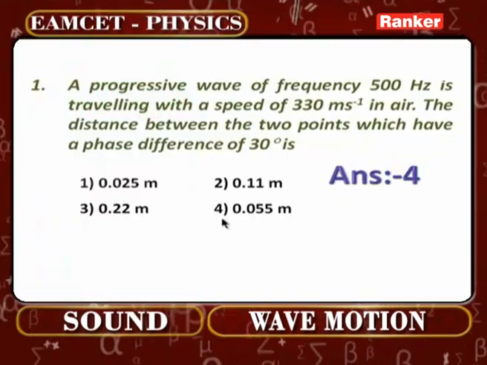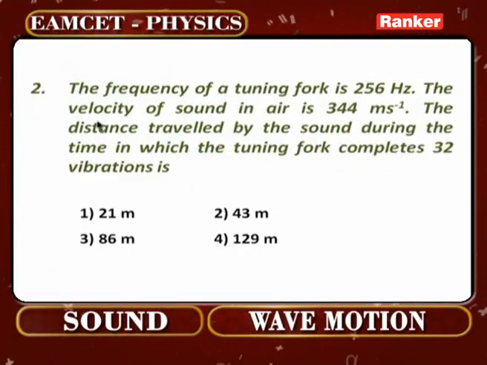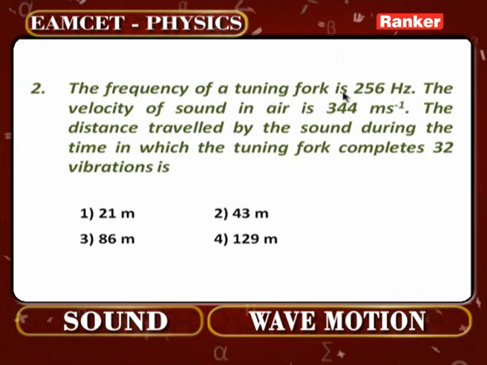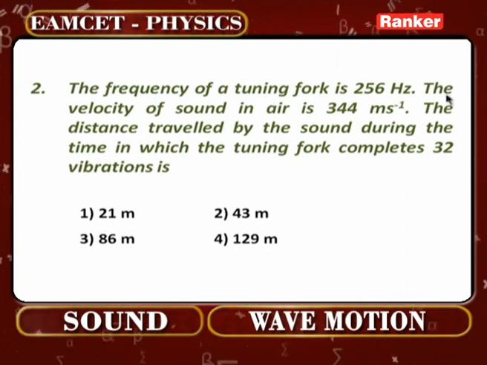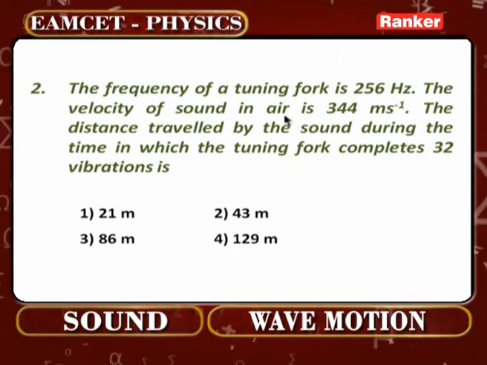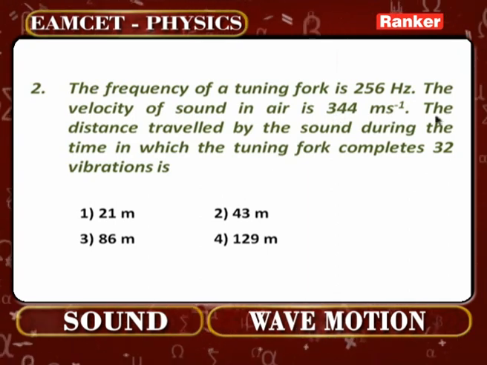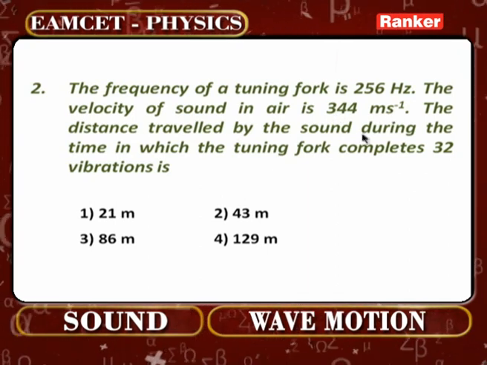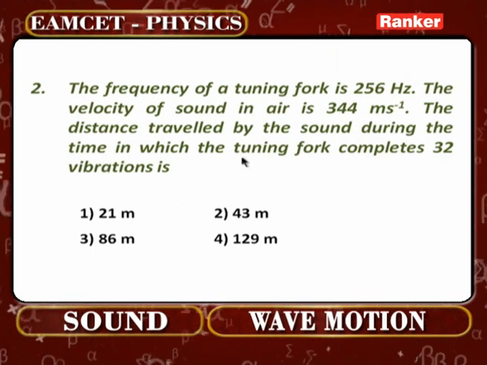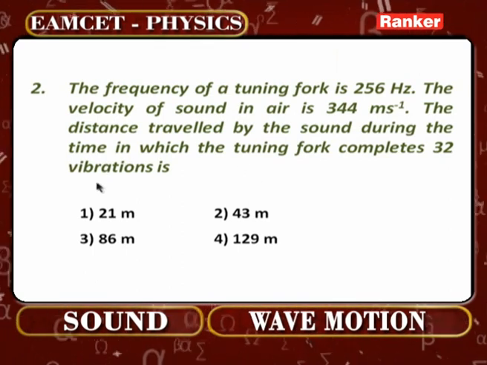Let us check the second problem now. That problem says the frequency of a tuning fork is 256 Hz. The velocity of sound in air is 344 meter per second. Find the distance travelled by the sound during the time in which the tuning fork completes 32 vibrations.